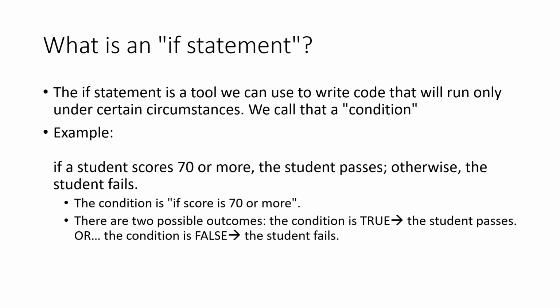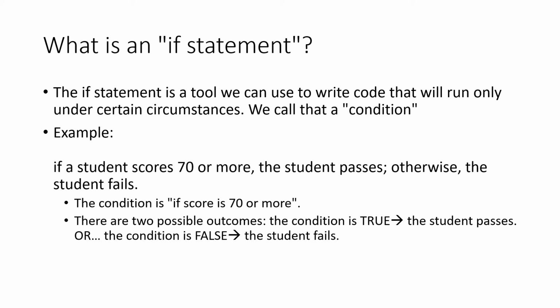So for example, we are all familiar with this example of a student that takes a course that has a pass or fail system. So normally, if the student scores 70 or more, the student passes, otherwise the student fails. Whenever you have a situation like that you speak in conditional, you can use an if statement.